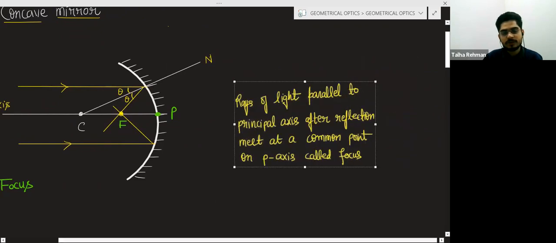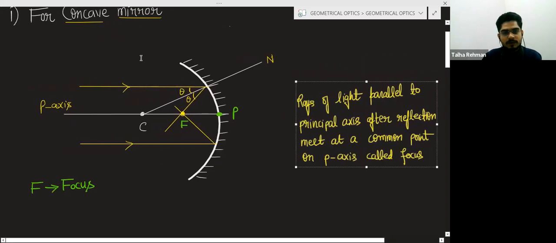For the concave mirror, rays of light parallel to the principal axis, after reflection, meet at a common point on the principal axis called the focus.